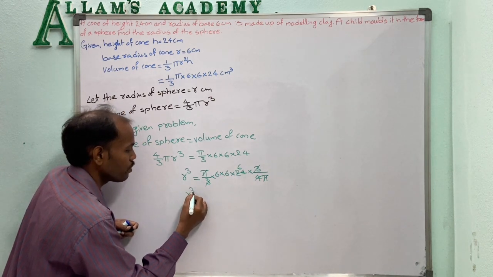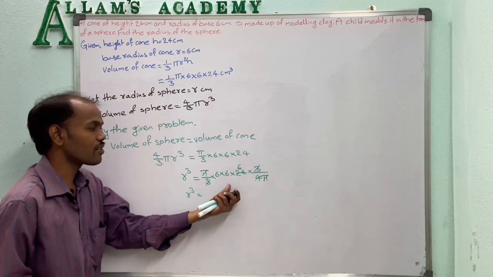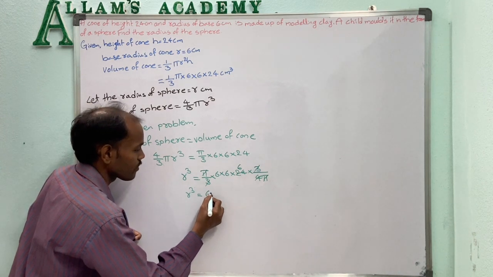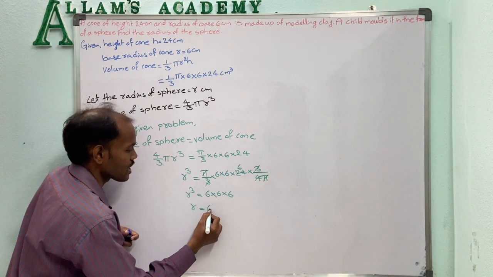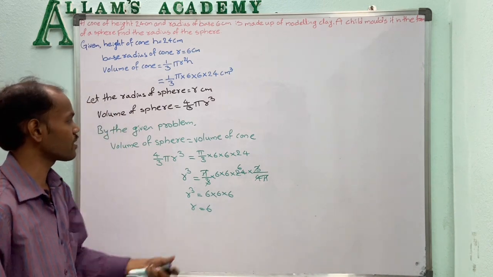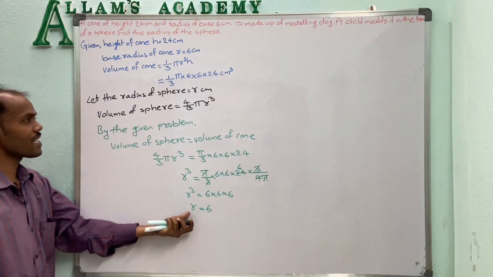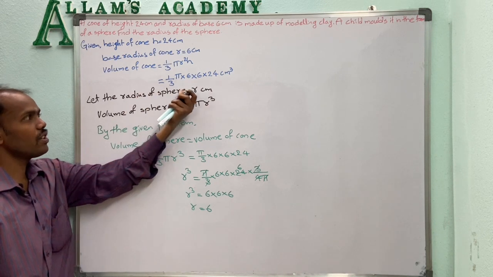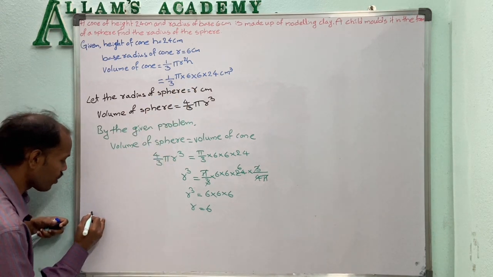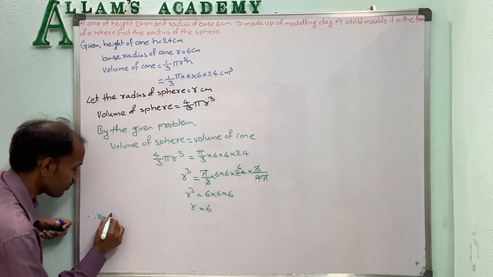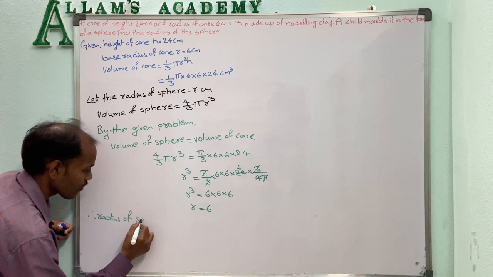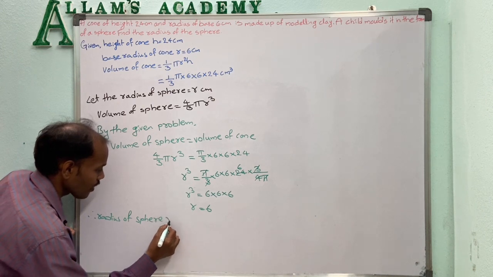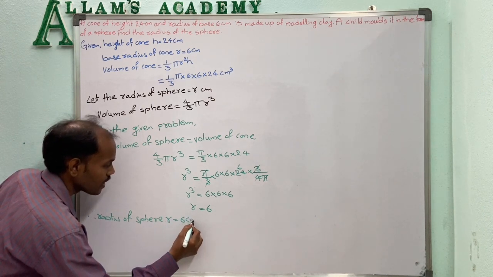So r cubed is equal to 6 into 6 into 6. That means r is nothing but 6, the cube root of 6 cubed. So r is the radius of the sphere. Therefore the radius of the sphere is equal to 6 centimeters.